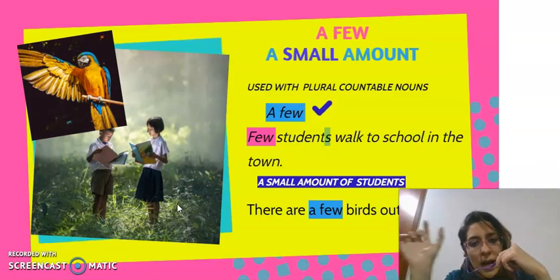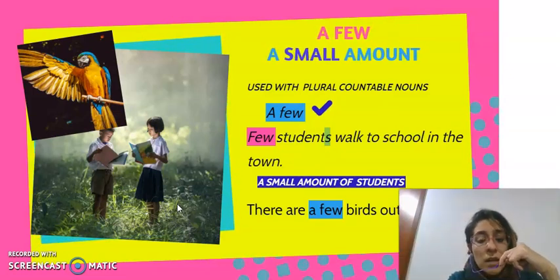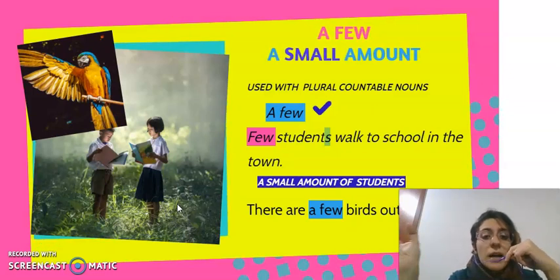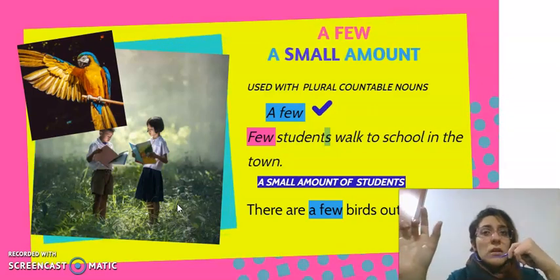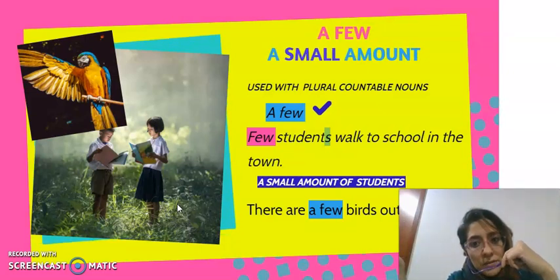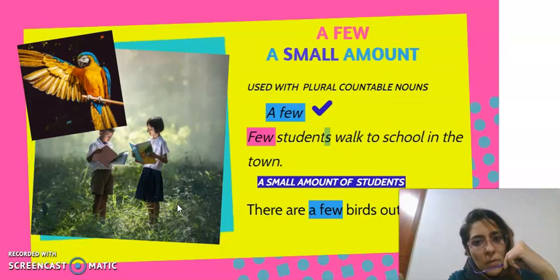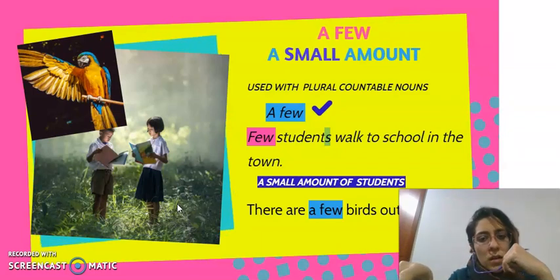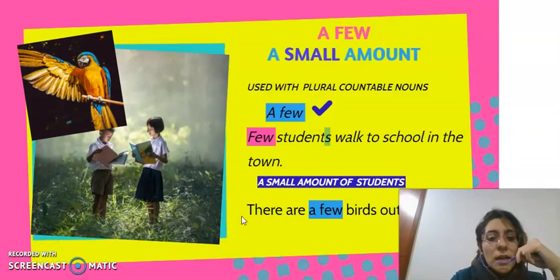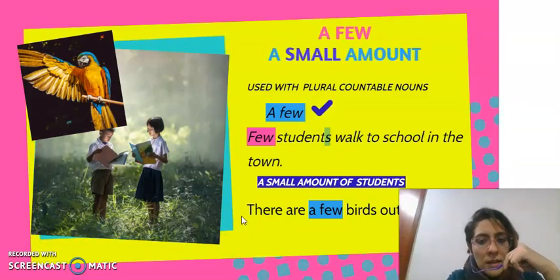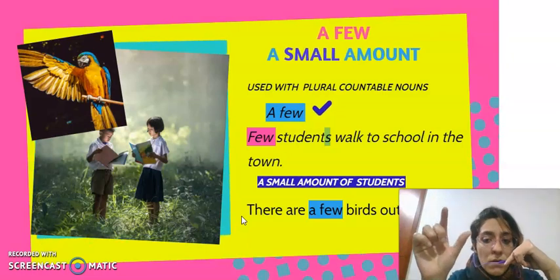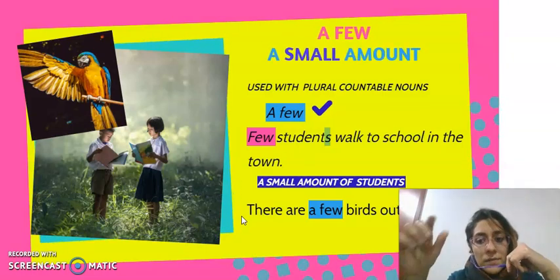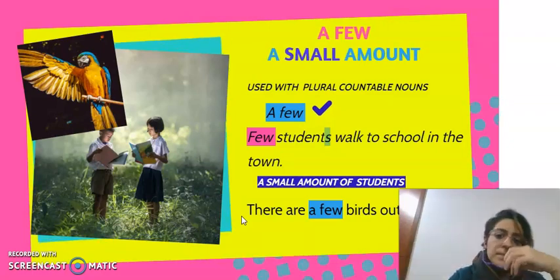It says that it's a small amount of students, and if we use a few, it means that quite a few other students go to school, and don't go to school walking. So that is the difference between few and a few. And there are a few birds outside. That is another example. And here we can say that a few birds are outside and quite a few are inside this place.